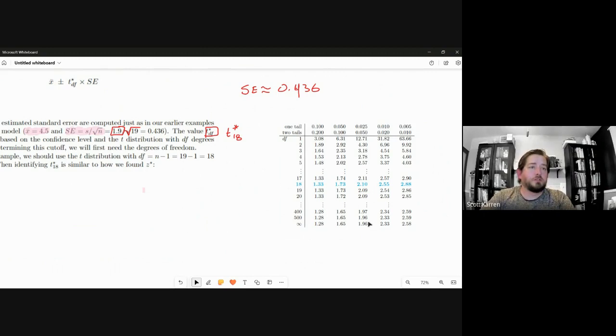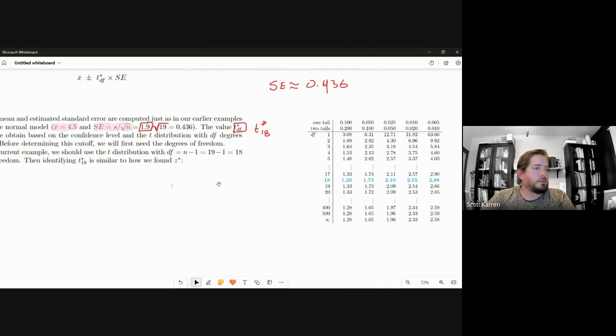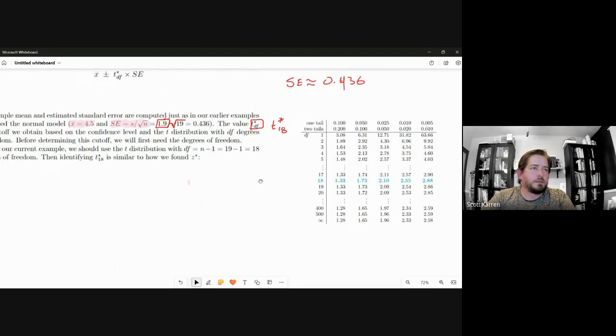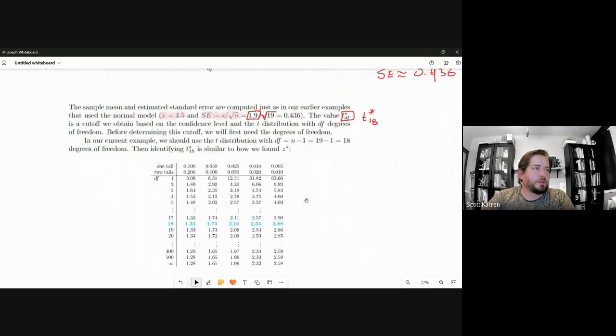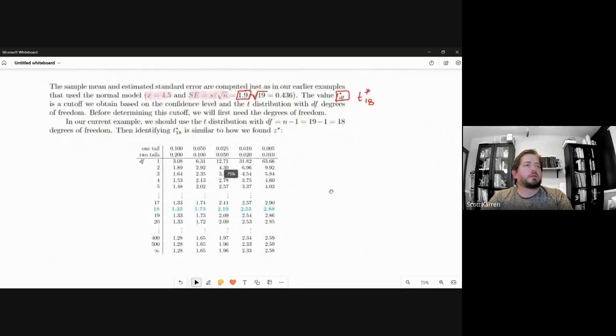But we are looking for, see if I can get this on one page. There. Good. All right, so we're looking for the t star that corresponds to 18 degrees of freedom, which is highlighted. Convenient.